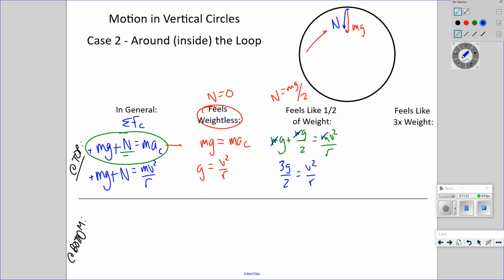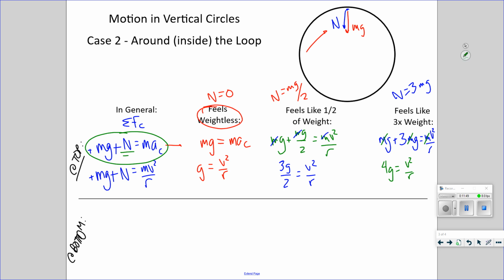Solve for what you want to solve for. Feels like you weigh 3 times your weight. Are these getting redundant yet? That means N is 3mg, so mg plus 3mg equals m v squared over r. We've got a common factor of m in every term. So that's 4g is v squared over r. Do what you want.